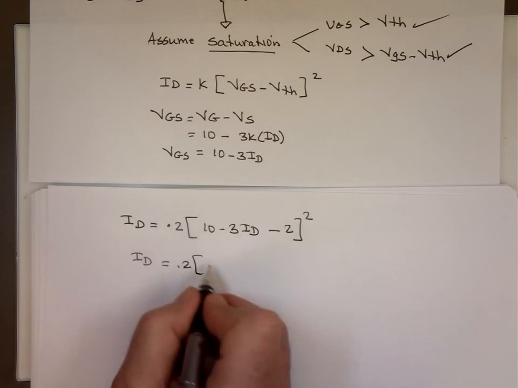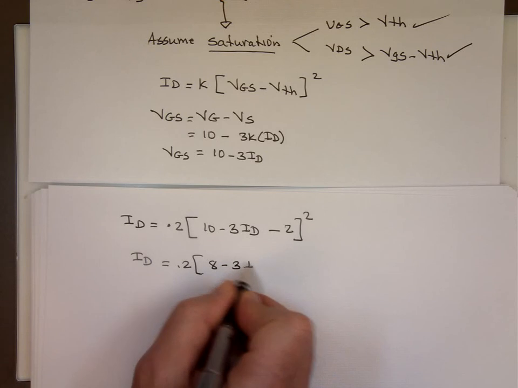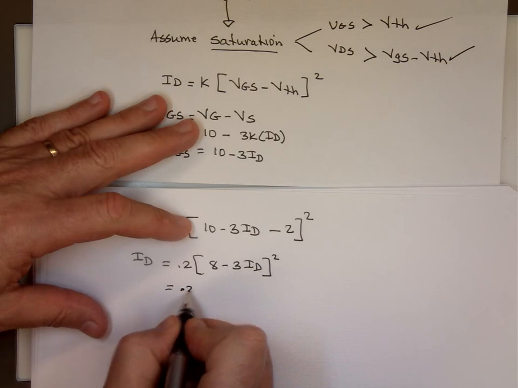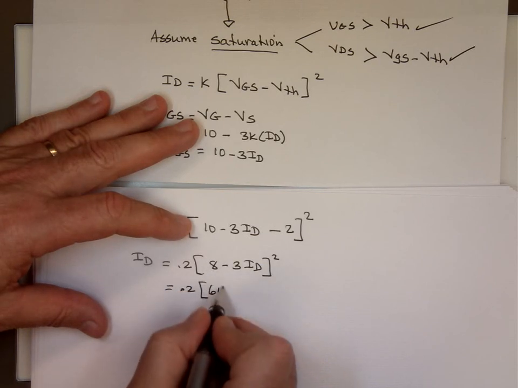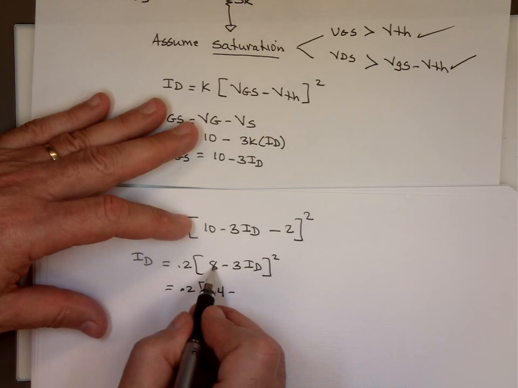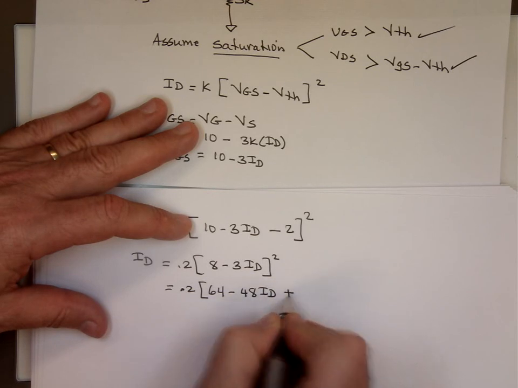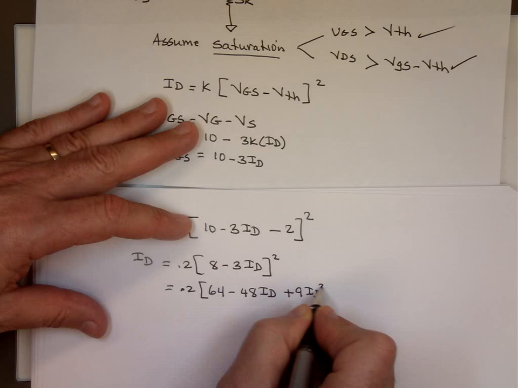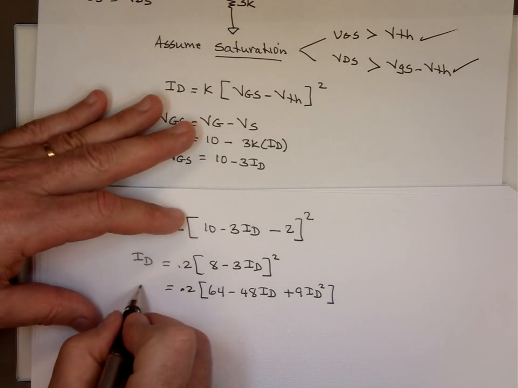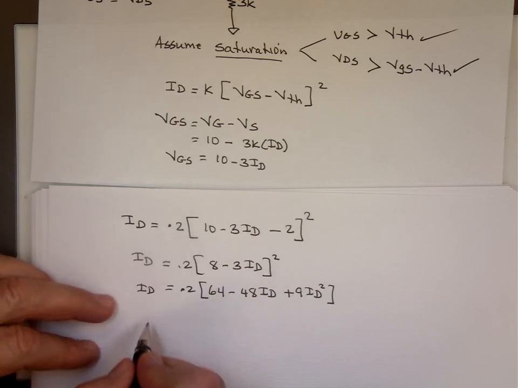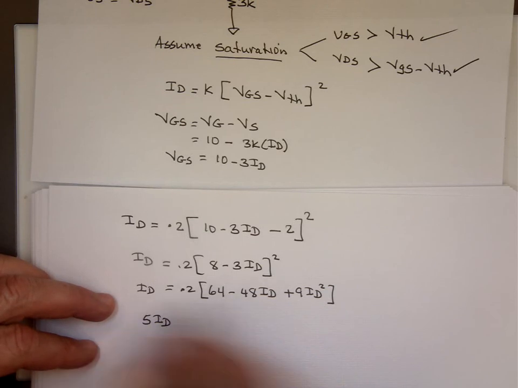What's 10 minus 2? 8 minus 3 I sub D. Foil this out. 64. 3 times 8, 24. 24 times 2 is 48 I sub D, plus 9 I sub D squared. If I divide both sides by 0.2, just to get rid of that 0.2, because I don't like to have decimal values, 1 over 0.2 is 5, so multiply both sides by 5.